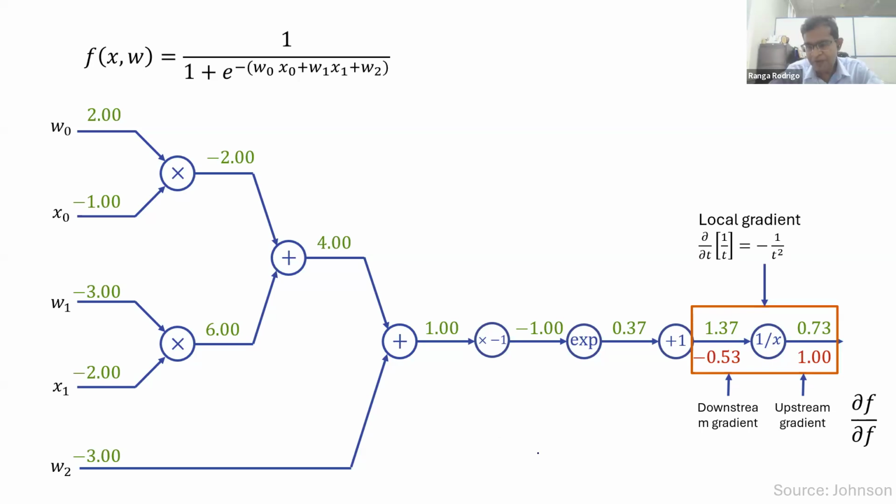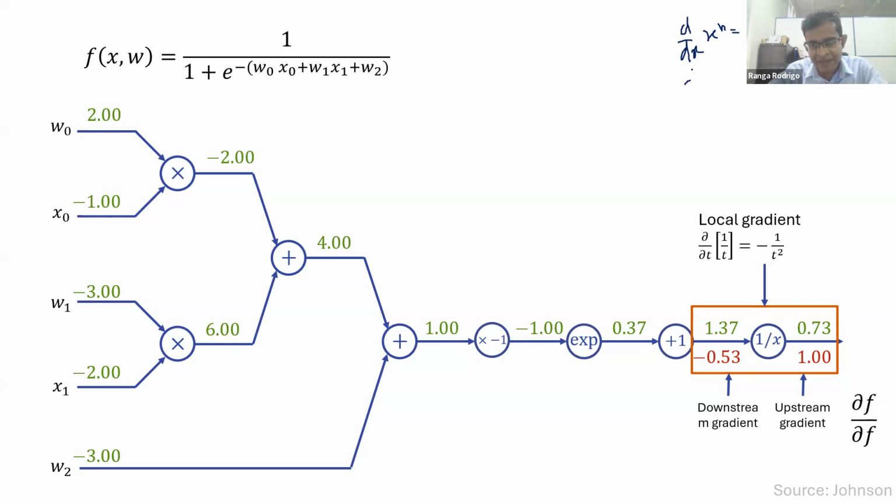I'm using a different variable to show you that the variable name does not matter. 1 over t, its derivative is minus 1 over t squared, right? If you remember that d by dx of x to the n is n x to the n minus 1.